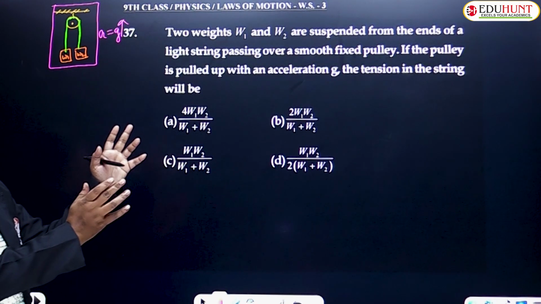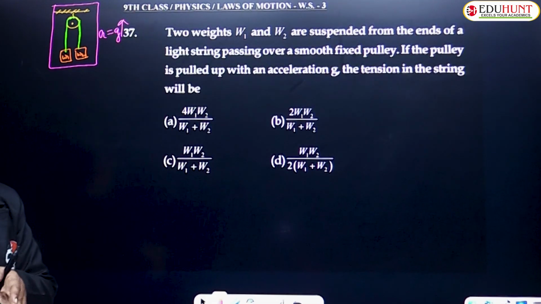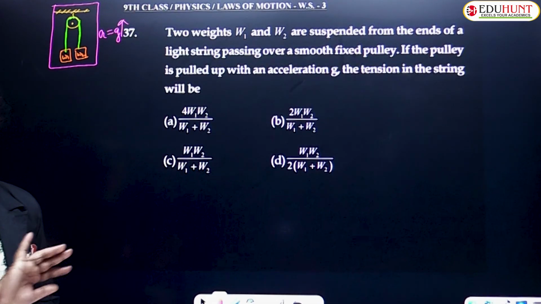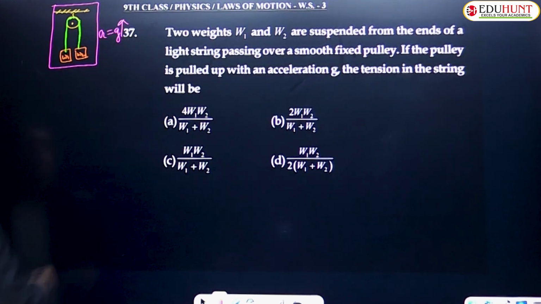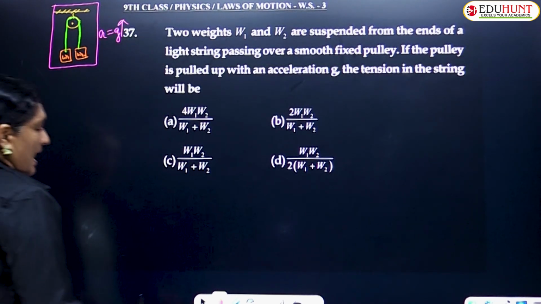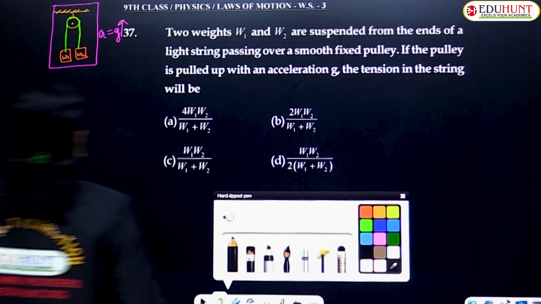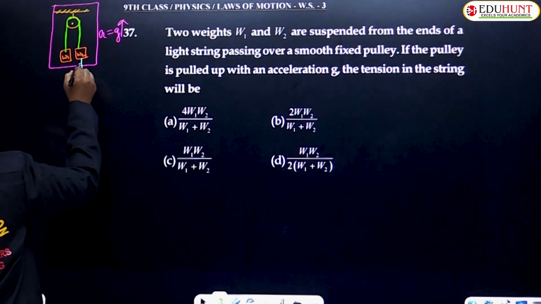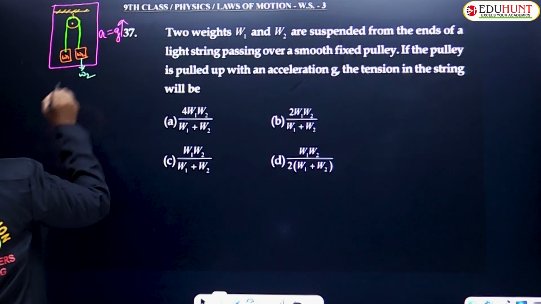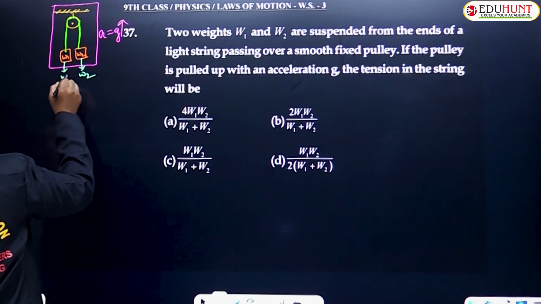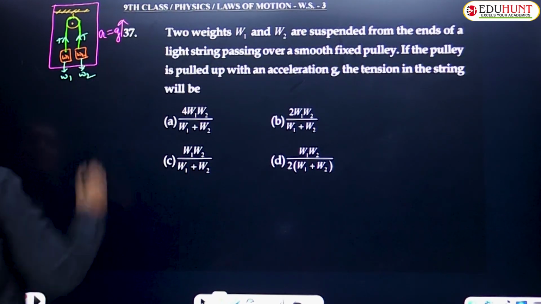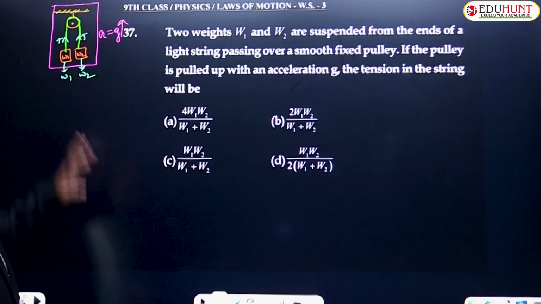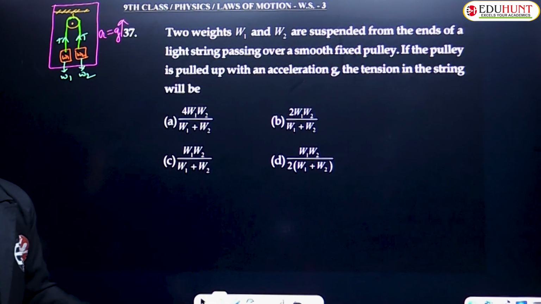So the pulley is pulled upward, which means some pseudo force in addition must be acting in the opposite direction. Because of that pseudo force, let us see what happens. Clearly we know that the weight W2 is acting downwards and the weight W1 is acting downwards, tension in the string upwards, and tension in the string upwards in the second case. This is the general system.